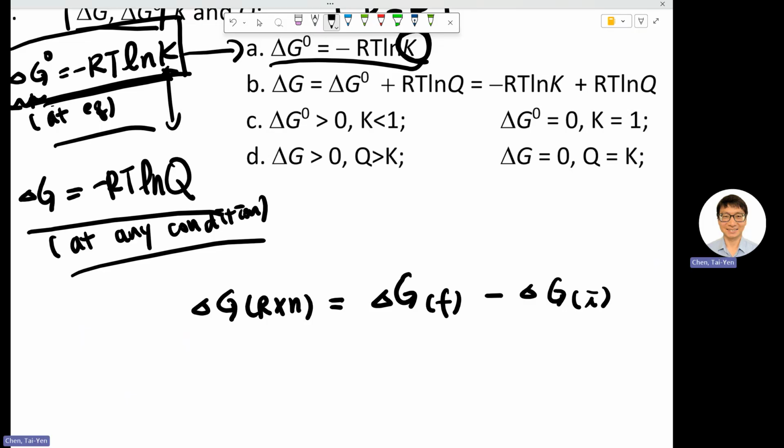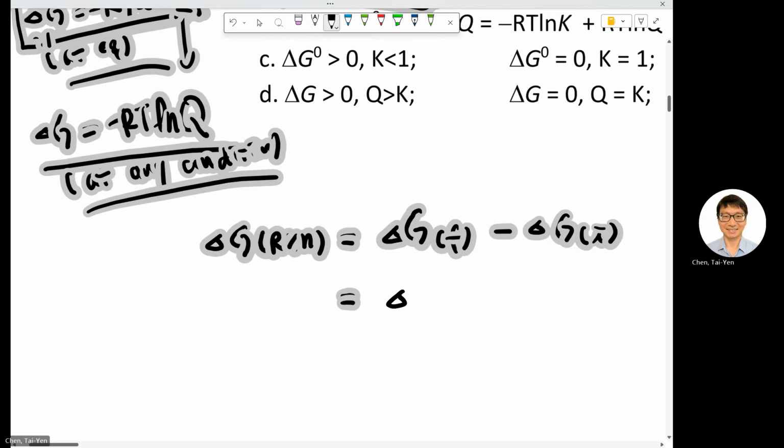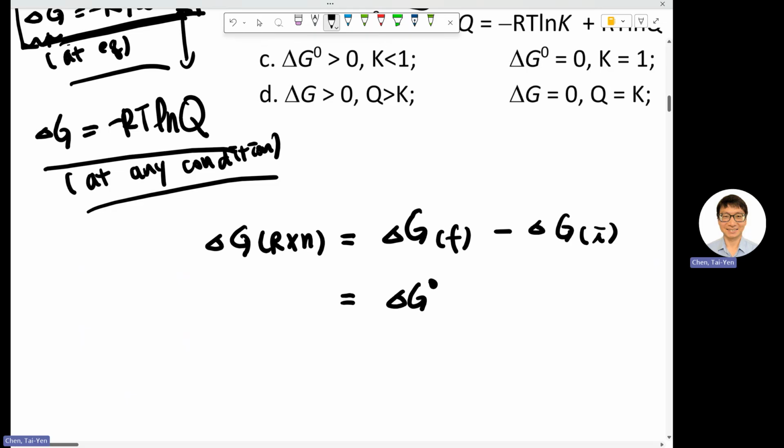We just say the reaction must reach equilibrium, right? That means the first term will be your delta G naught, the term associated with the equilibrium constant K. How about initial? Initial will be this, just your delta G.